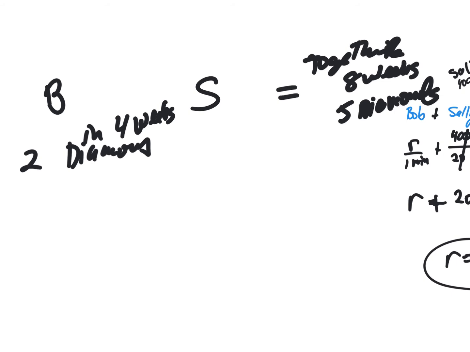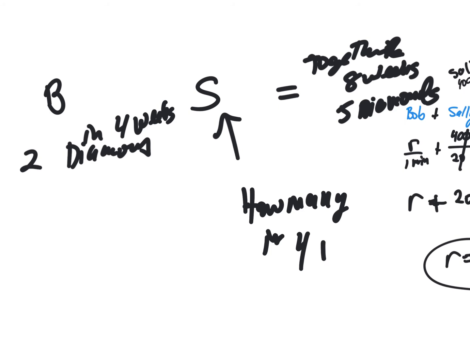Then the question is, if Sally were to go pick for a month by herself, 4 weeks, how many in 4 weeks then? Could Sally pick by herself?